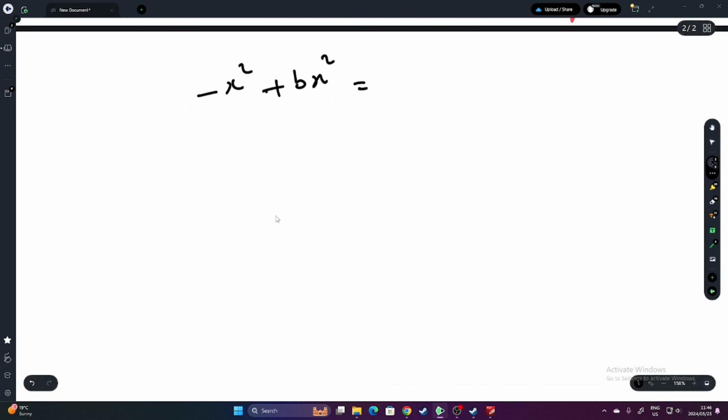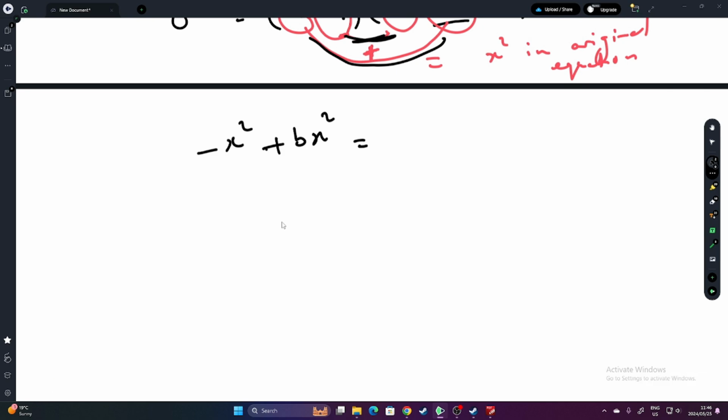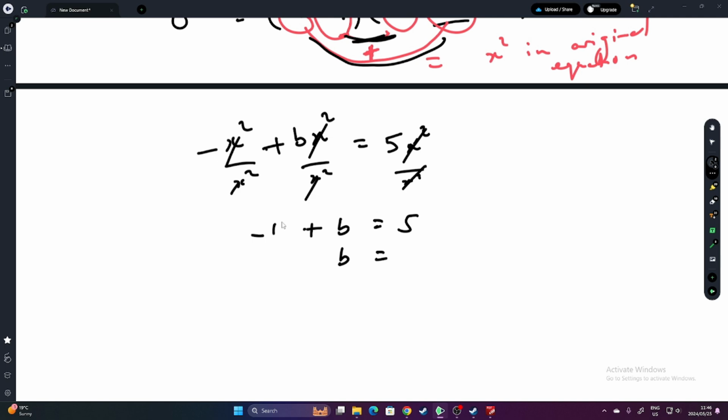That's our x squared in the original, which is 5x squared. Now, if we divide everything by x squared, all the x squareds cancel off, and we're left with minus 1 plus b is equal to 5. Taking the 1 across, b is equal to 5 plus 1, so b is equal to 6.